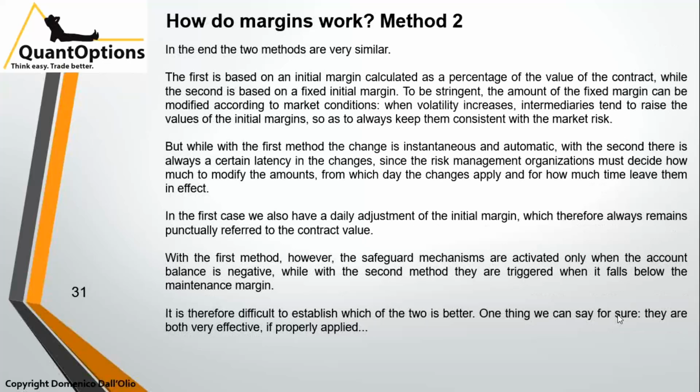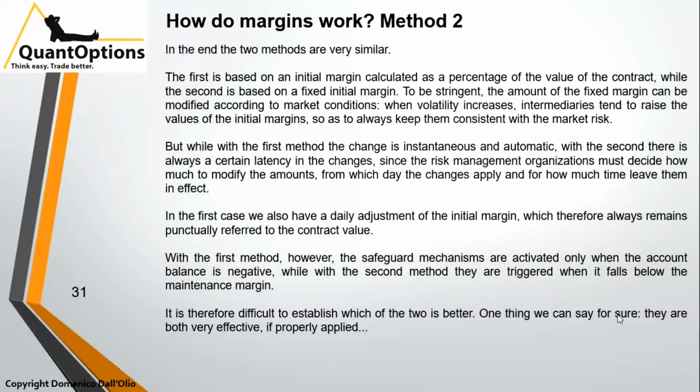In the end, the two methods are very similar. The first is based on an initial margin calculated as a percentage of the value of the contract, while the second is based on a fixed initial margin. But to be stringent, the amount of the fixed margin can be modified according to market conditions. When volatility increases, intermediaries tend to raise the values of the initial margin so as to always keep them consistent with the market risk.